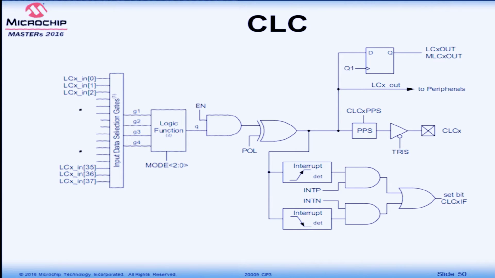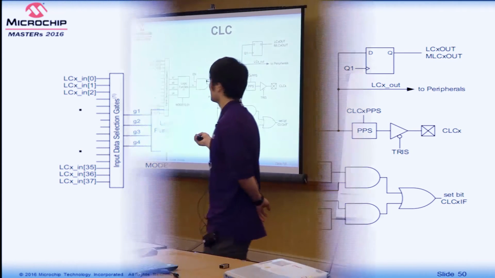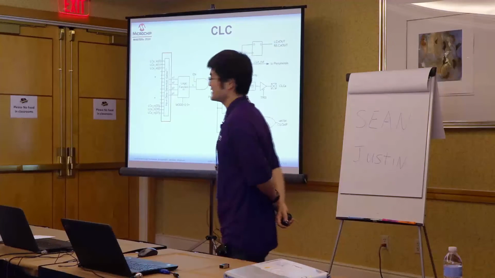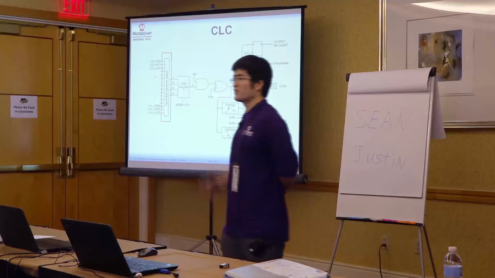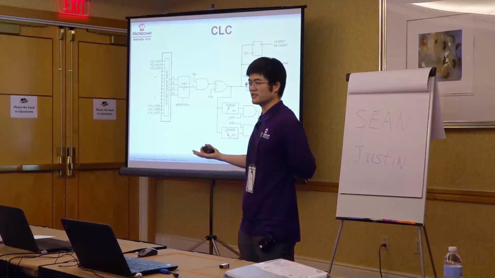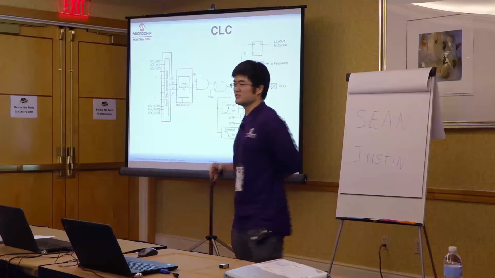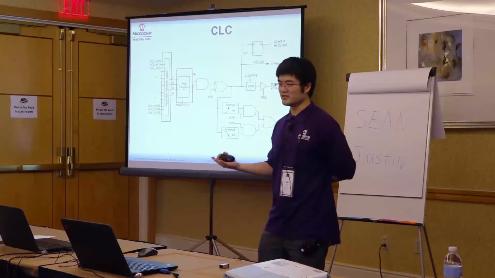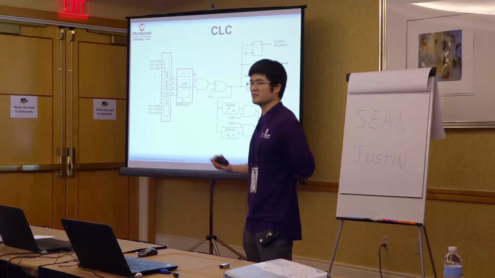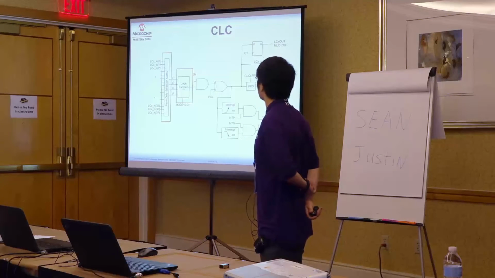The 2 main components that we have in the CLC are, the first one, the input data selection stage. That's where you choose, okay, which input I'm gonna use for the CLC. The second one is, of course, which logic component you're gonna configure the CLC as, either a gate or a latch, right?